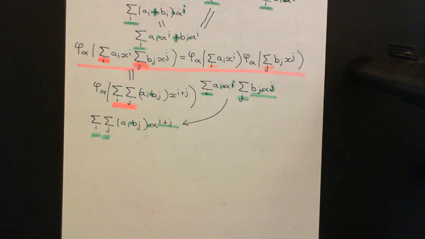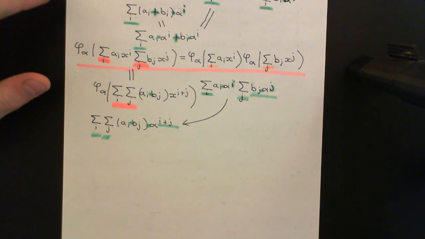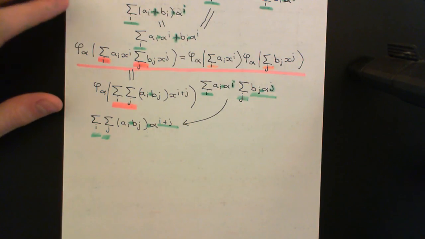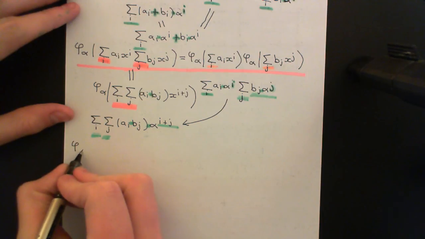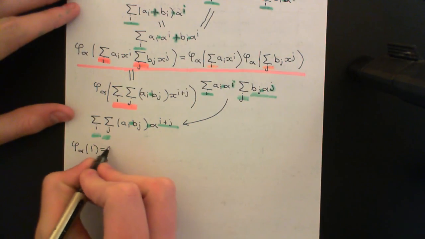Okay, the final thing that we then need to look at and check is that the multiplicative identity in our polynomial ring is mapped onto the multiplicative identity in our codomain ring, capital R. So we need to make sure that phi sub alpha of 1 is equal to 1.